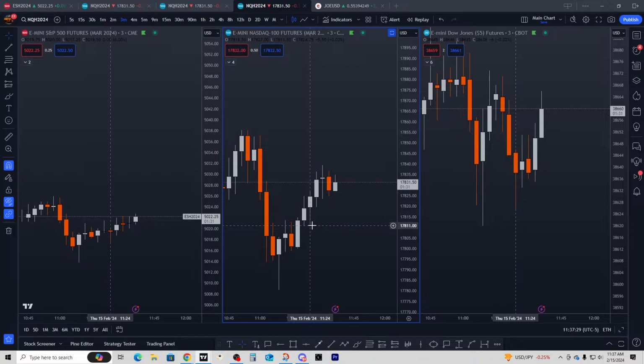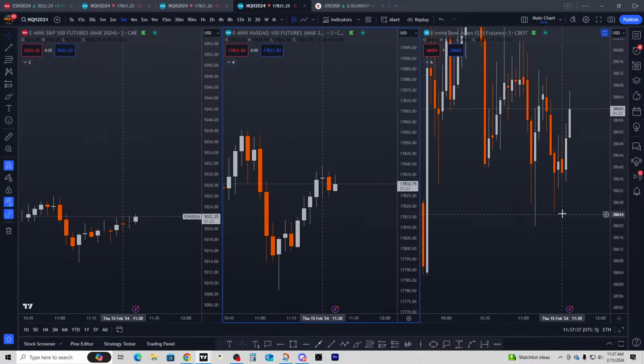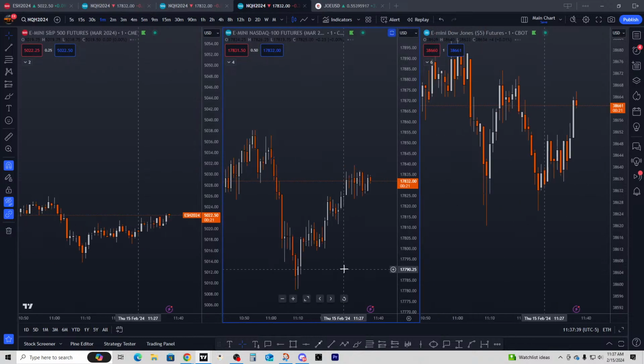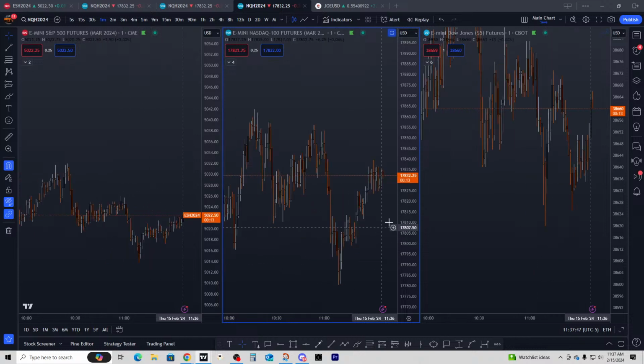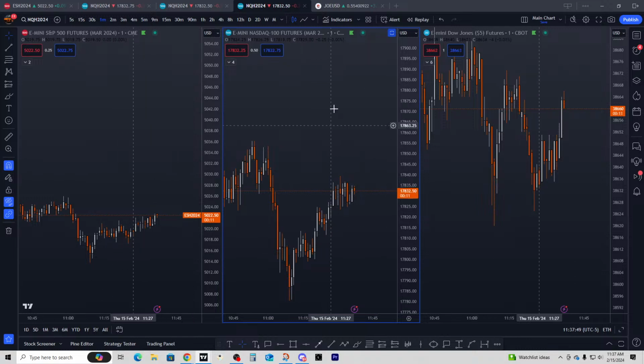Notice how on this candle and this candle here we made a higher low on NASDAQ, but on YM we made a lower low. That could be an indication that we could be moving up higher. So like we're pulling down deep here, but we're not, and we're just trending here. So that's an indication that we could keep moving higher as well.